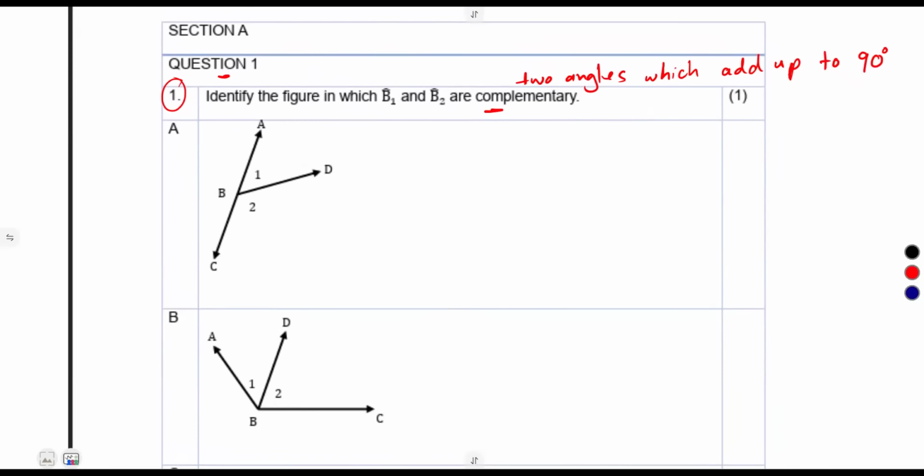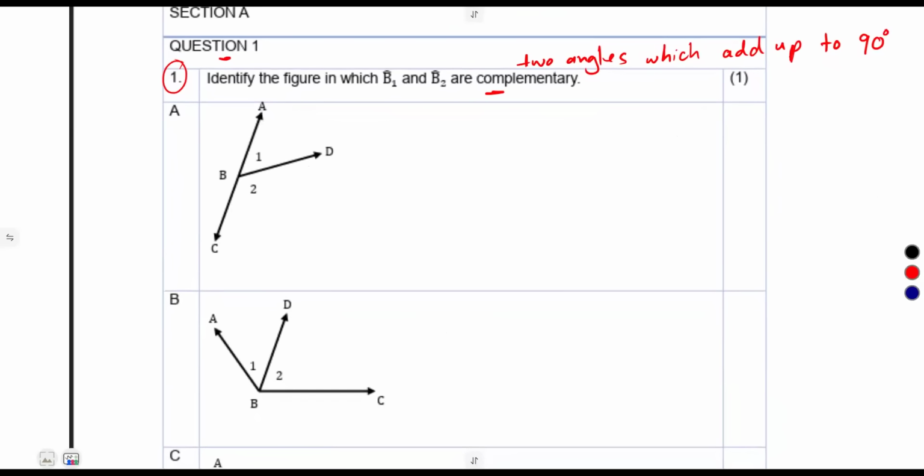All right, so let us consider. If we consider the first one, B1, B2, how are they related? They are on a straight line. They add up to 180, two angles which add up to 180 degrees.